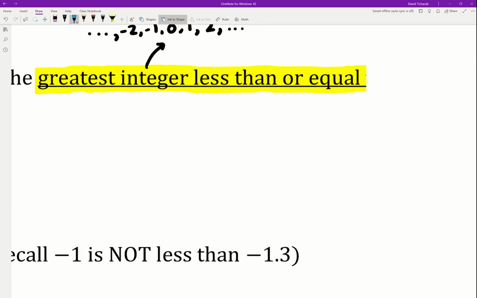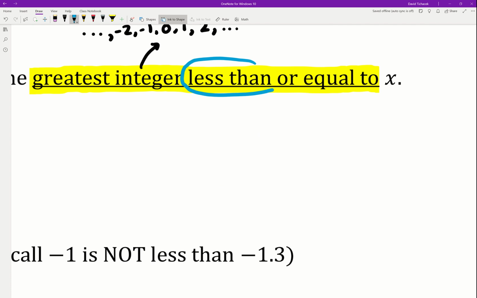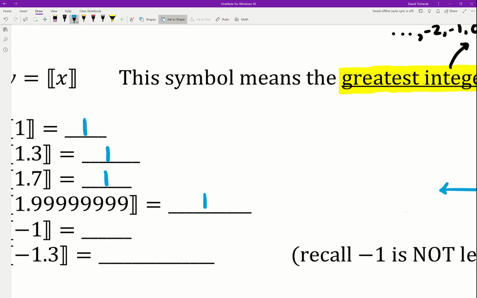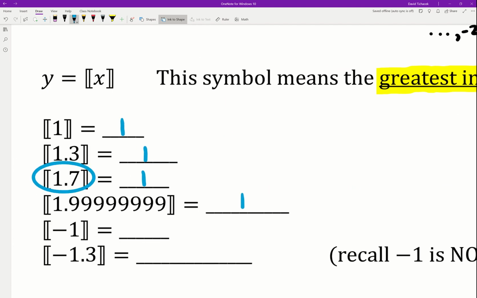Just don't forget that in this context, when you think about less than, we could think about that in terms of the value, but remember, in terms of the number line, we mean to the left of. So to the left of on the number line, right? And that makes sense, right? Because if you have one of our previous examples, let's take this example right here, 1.7.